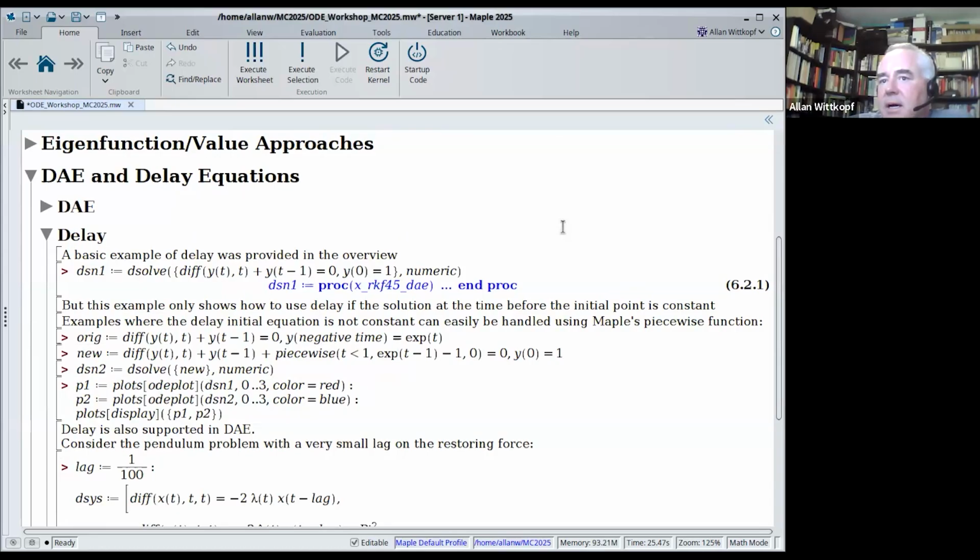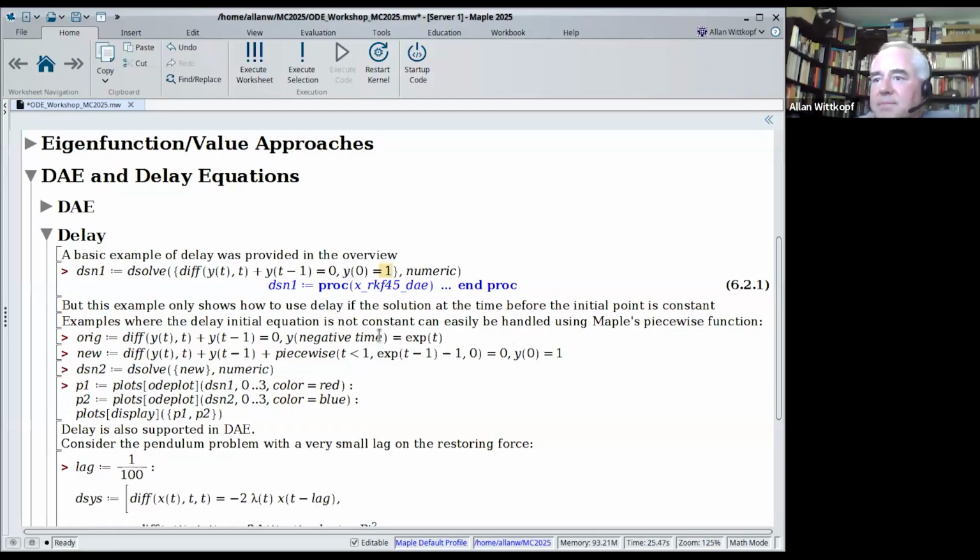I've heard a couple of times people say that they want to be able to specify a value that isn't just a constant as the initial condition, because as you integrate forward in time from 0, there are a whole set of values from y at -1 to y at 0 that are all just being fixed to a 1. So this can be an issue, because what if your system doesn't match that?